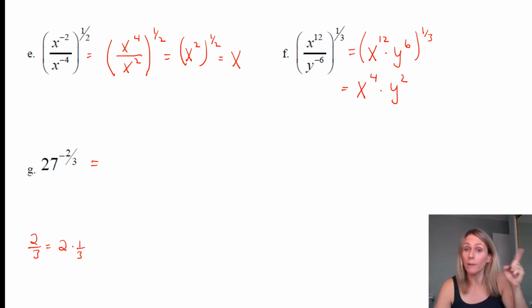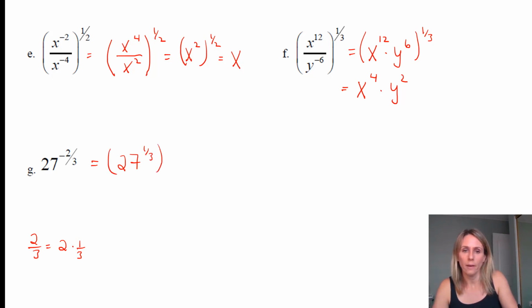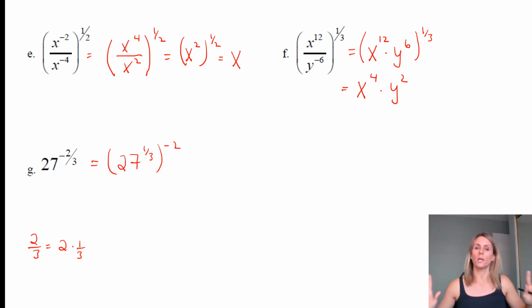I also have the negative, I have not forgotten about it. But I'm going to write this as 27 to the 1/3, and then that to the -2. Okay? I don't want to blow your mind. But what you should see here is, if I go back and use my rules again, I'm raising something to the 1/3 and then to the -2. 1/3 times -2 is -2/3. That's what I have as my exponent.